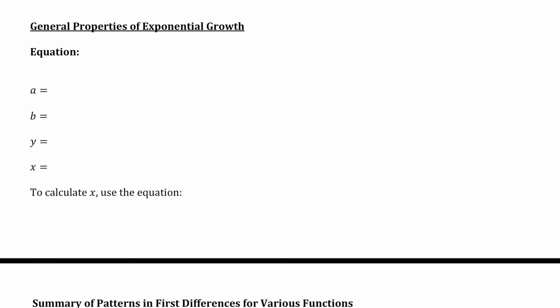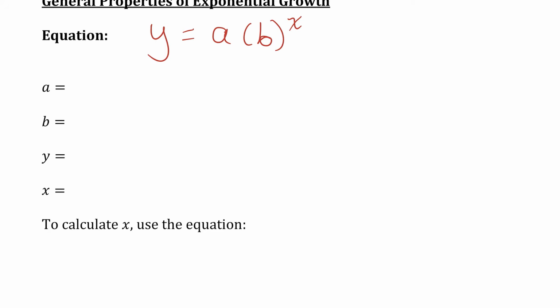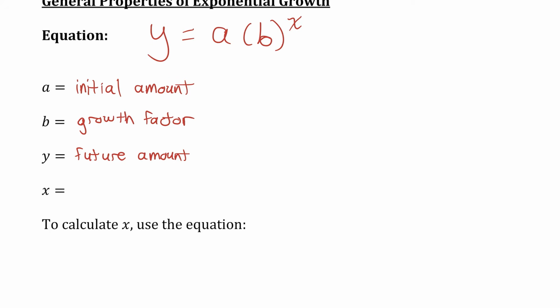So let's generalize this. The general equation of an exponential relationship looks like y equals a times b to the power of x, where a stands for the initial amount, b stands for the growth factor. What is it repeatedly being multiplied by? y is the future amount, and x is the number of growth periods that have occurred.